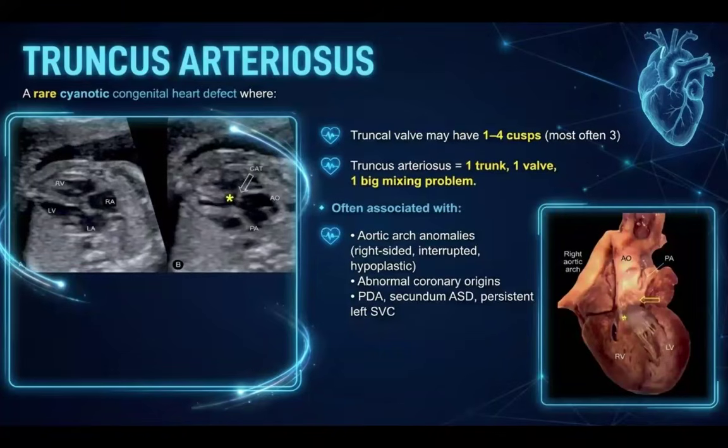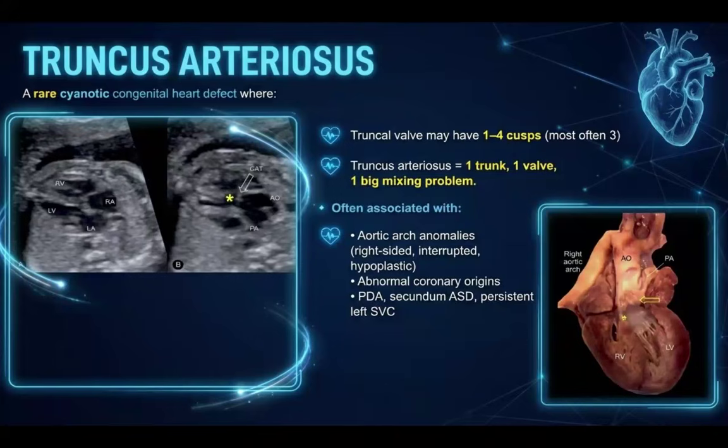One thing I do want to mention: the truncal valve may have 1 to 4 cusps. Most often, three are there. But when you think of truncus arteriosus, it's one trunk, one valve, one big mixing problem. These are the associations it could be seen with.